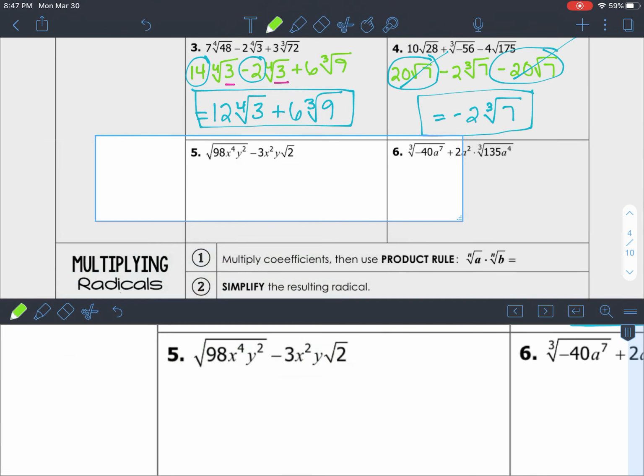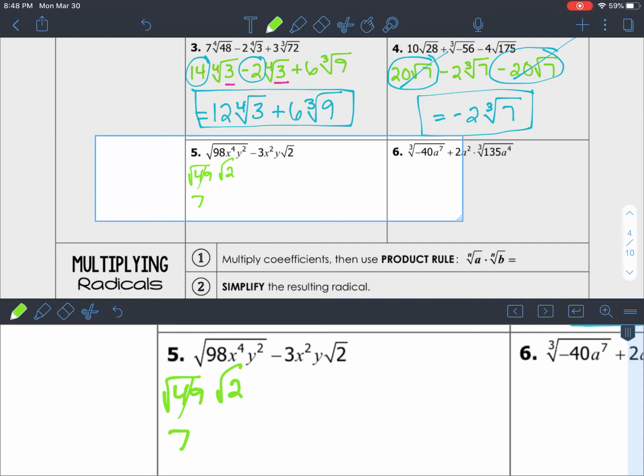So I am going to break this down a little bit more. When I break apart that 98, that breaks down into 49 and 2. So I have the square root of 49 and the square root of 2. I know what that is. That's 7. And then I need to look at my variables. So I have 2 groups of 2 in x to the 4th.